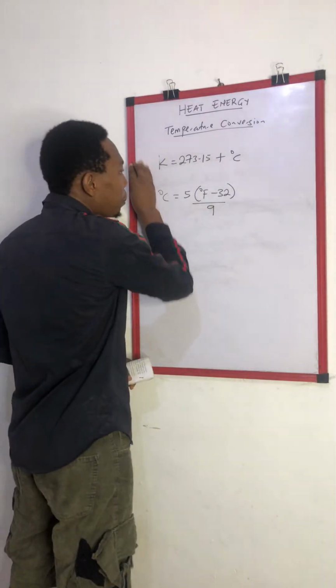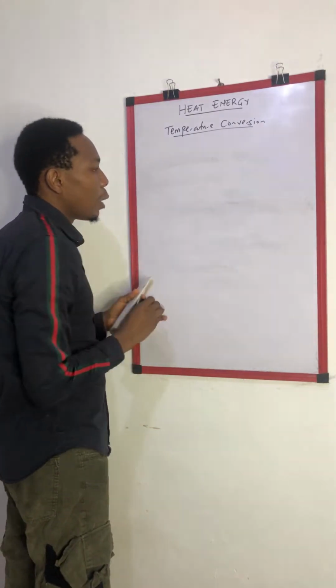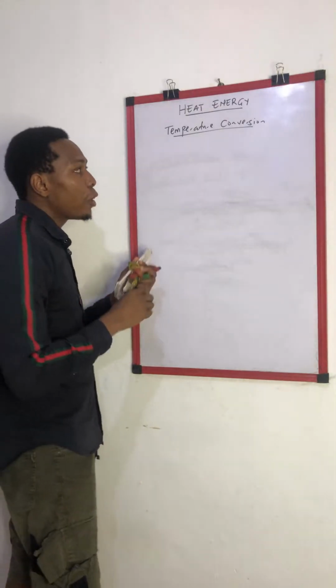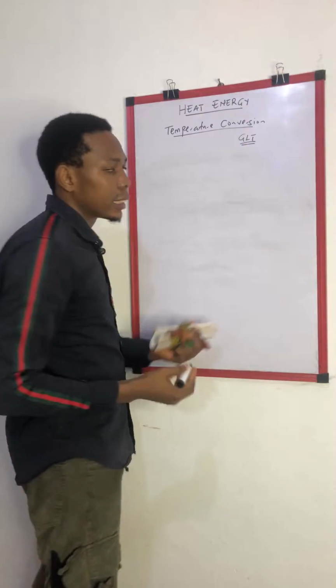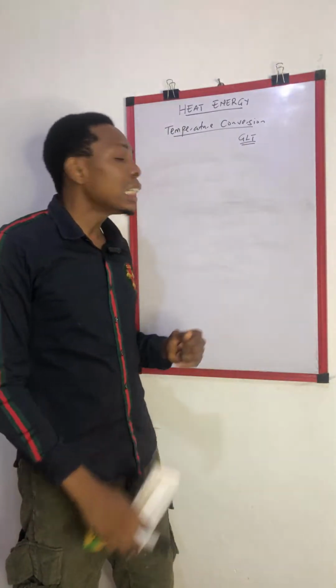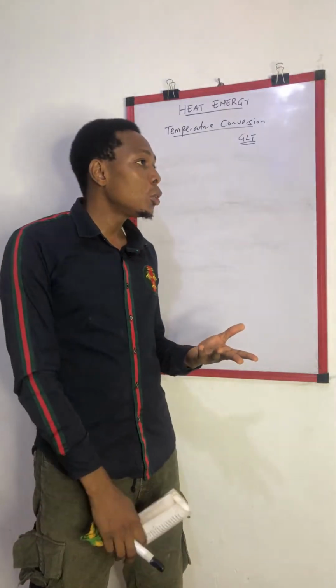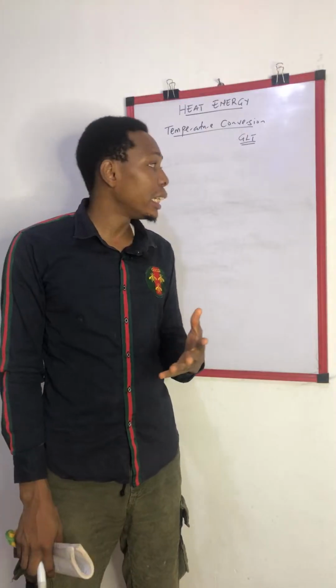All right. Now, please take note of this. You can just write GLT here. In your GLT exam, which is General Laboratory Techniques 111, they are going to ask you to prove the relationship between Fahrenheit and Kelvin.